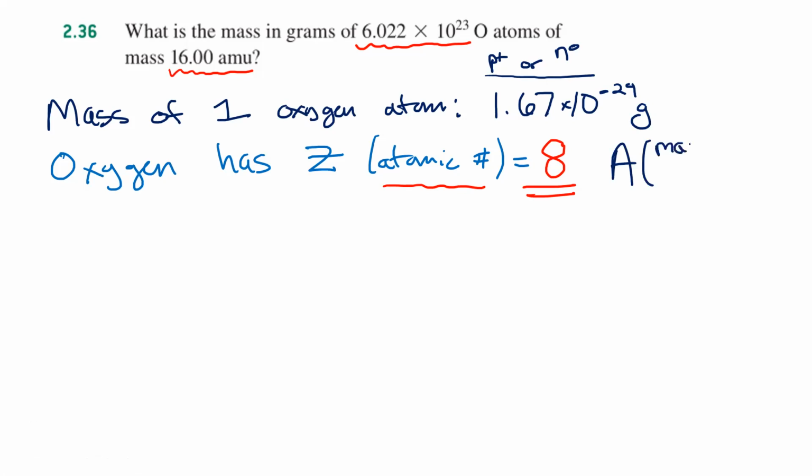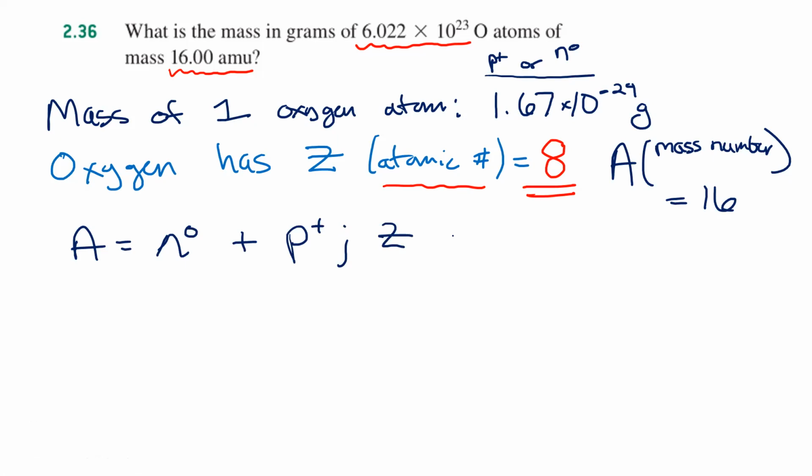Technically the mass number is equal to 16. And we know that A is equal to the number of neutrons plus the number of protons, and we know that the atomic number Z is equal to the number of protons.